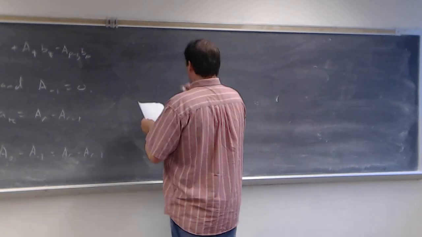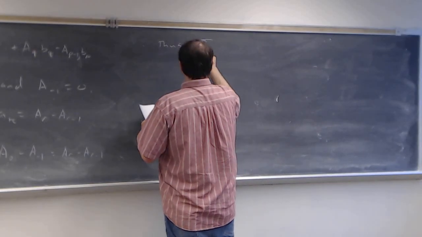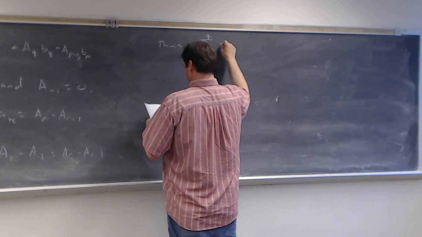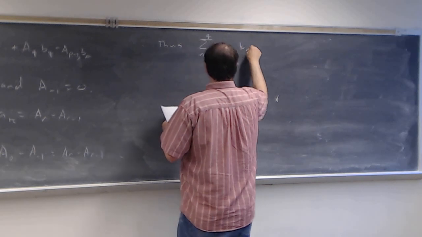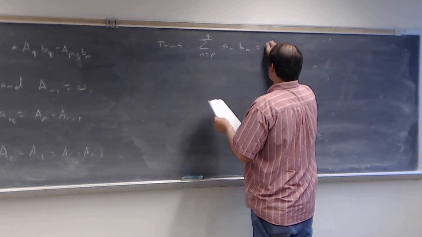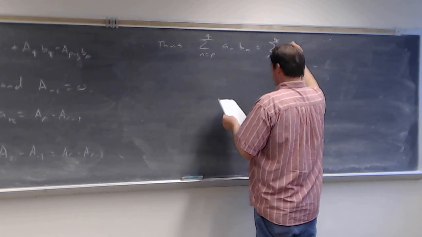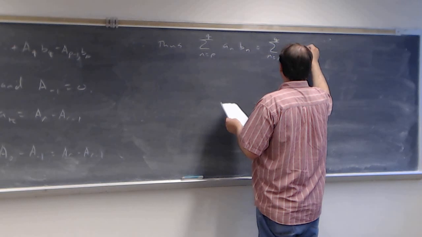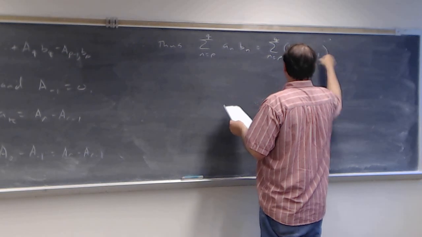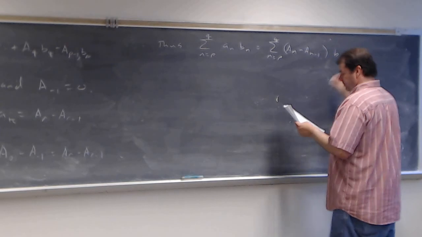All right. Thus, what we're looking to show in this formula is that the summation as n runs from p to q of a sub n times b sub n is going to be equal to the sum as n runs from p to q of A sub n minus A sub n minus 1, what we just did with the big A's, times b sub n.